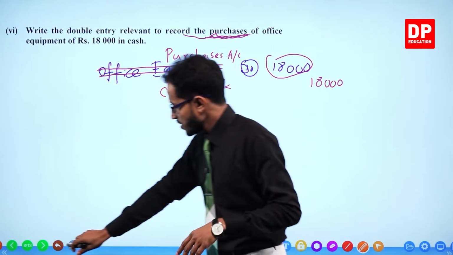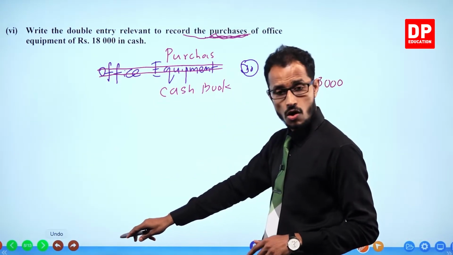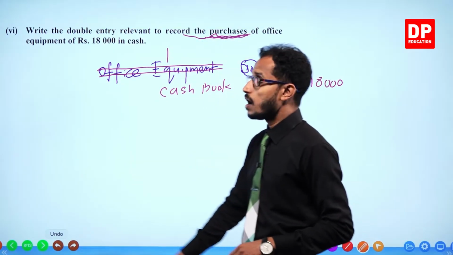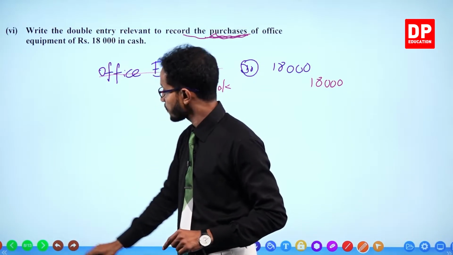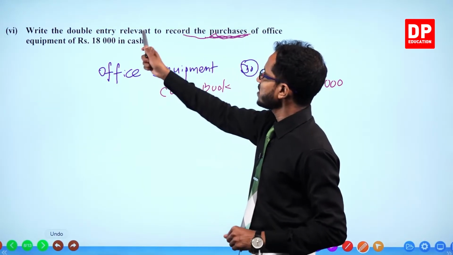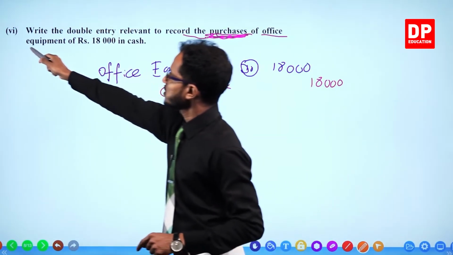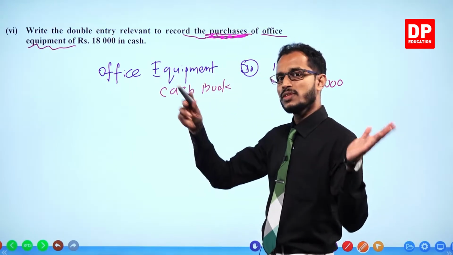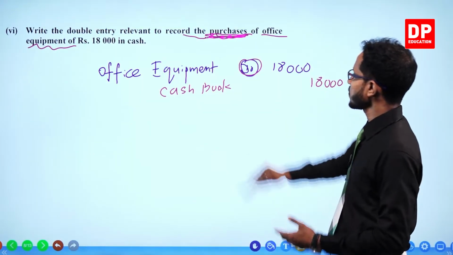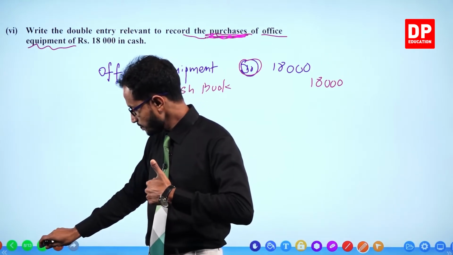Otherwise, you don't put it to the purchases account, unless goods are purchased. But here, office equipment is purchased, which is an asset. So you should debit the relevant asset account, office equipment, debit. Cash, credit. Going on.